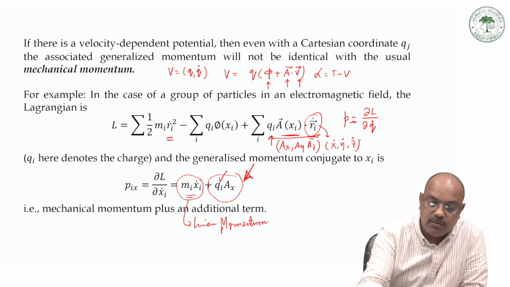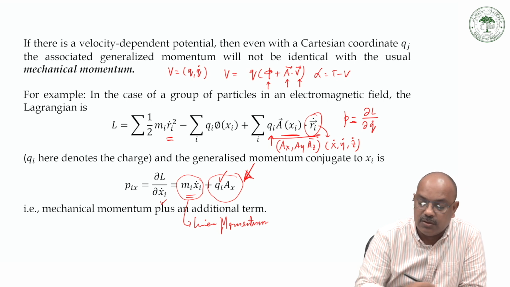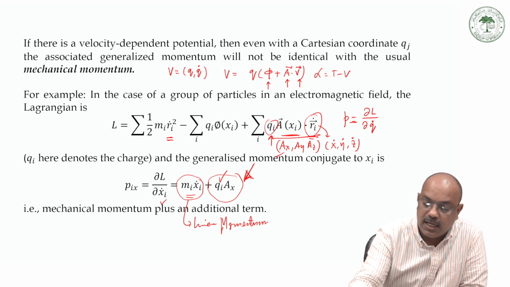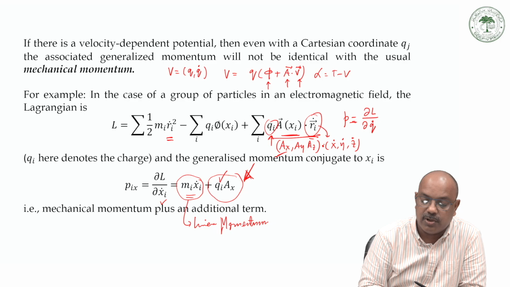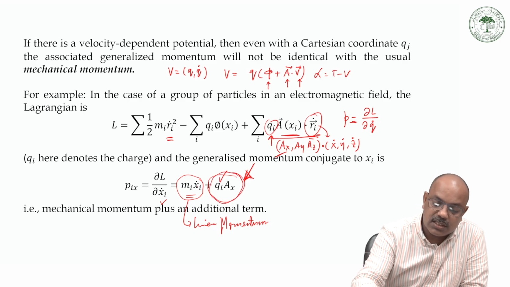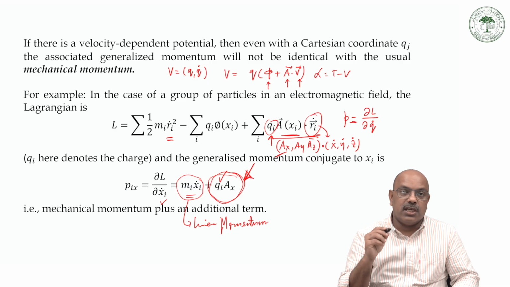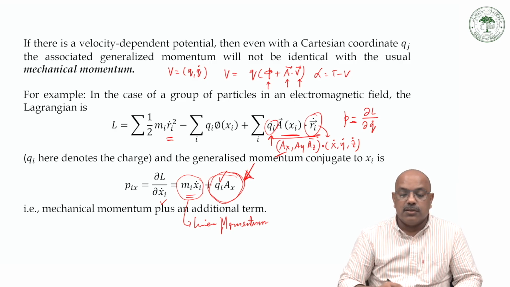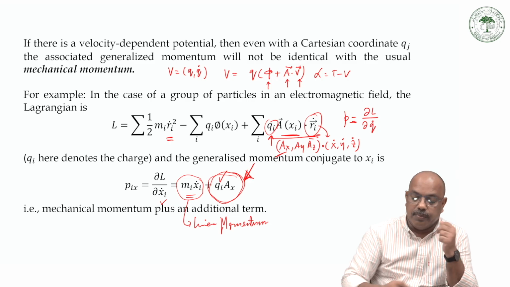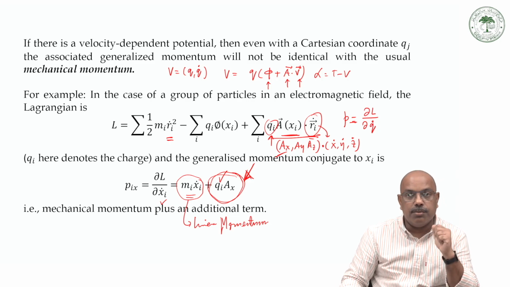So when you differentiate with respect to x dot, you're going to have q times Ax, because there is a dot product. This quantity comes in addition to the linear momenta when your potential depends on the velocity. So this is one different case from any other where your potential does not depend upon the generalized velocity.